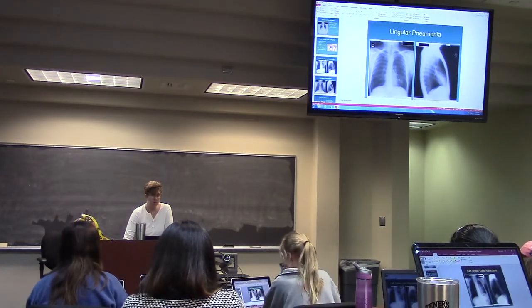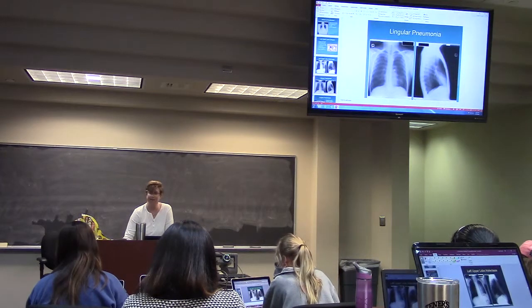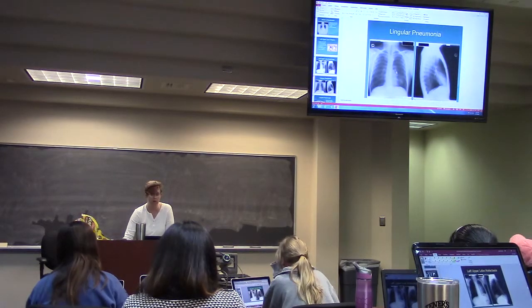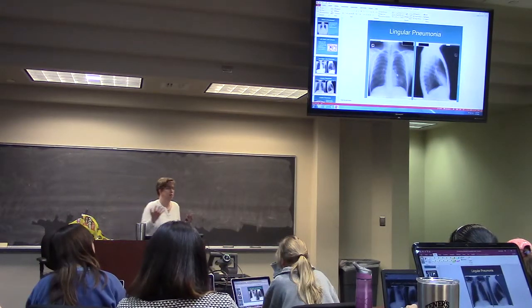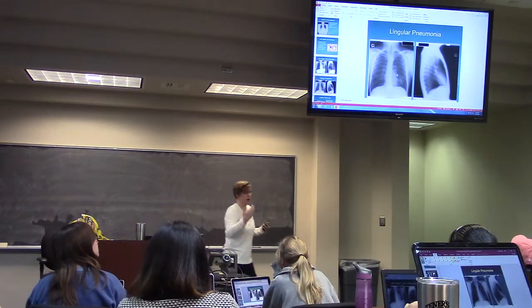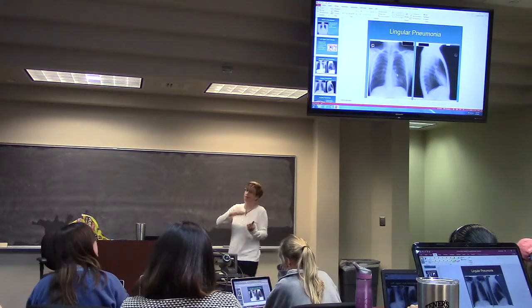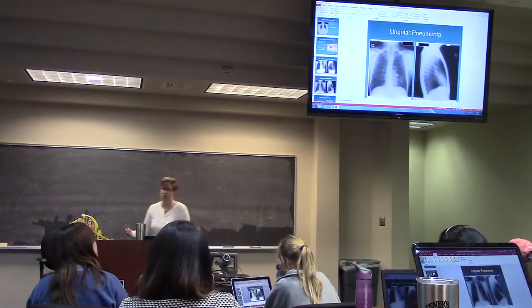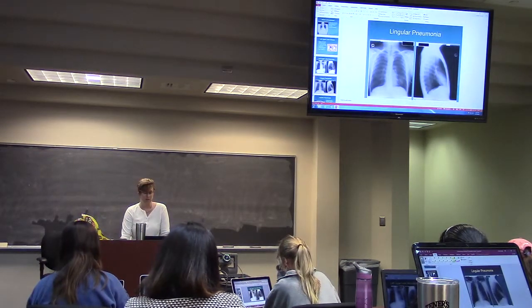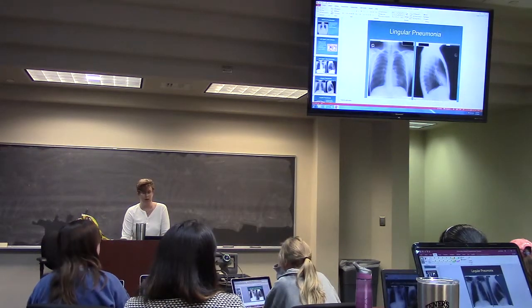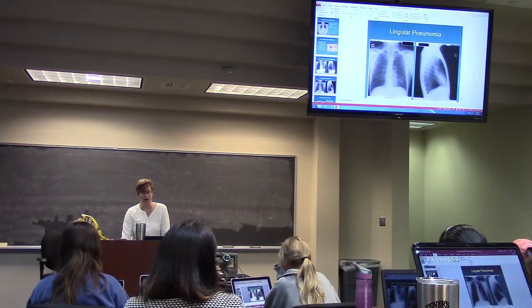So I'm looking for my heart margin here, the left heart margin, the left ventricle. It's not there. So I've lost that nice sharp margin. So something's sitting in front of it or behind it or something. Then I look on my lateral, and here is this density right here.